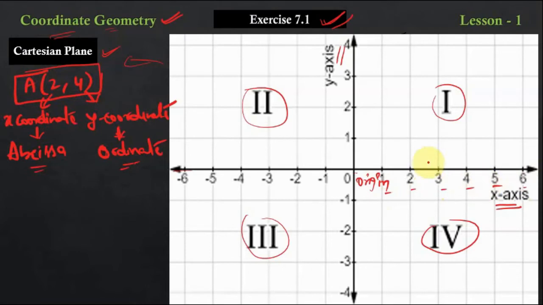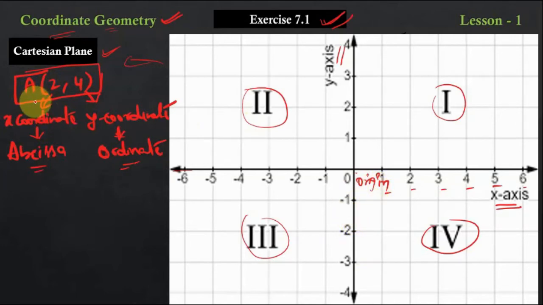Similarly, if I move towards the left side of the horizontal line, I'll get all negative values. Right? Now, if I move upwards vertically, then I'll get all positive numbers. If I move downwards on the vertical line, then I'll get all negative values, right?